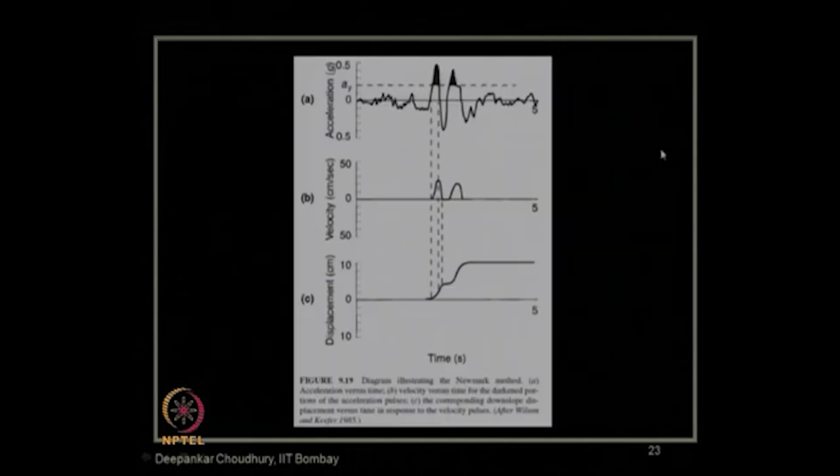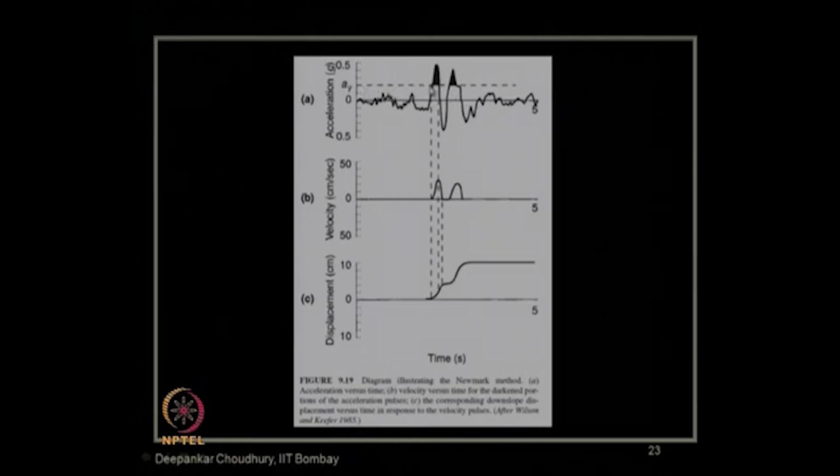This is another example, you can see this is your yield acceleration. Suppose this is the profile of your acceleration versus time. Okay. This profile is known to you. You have now computed what is your yield acceleration value ay, for which the slope is having factor of safety equals to 1.